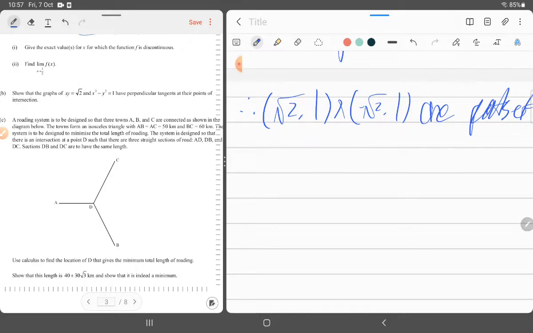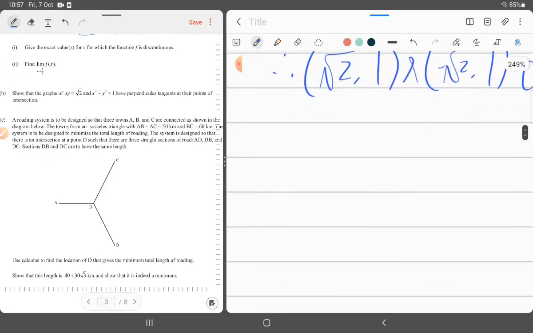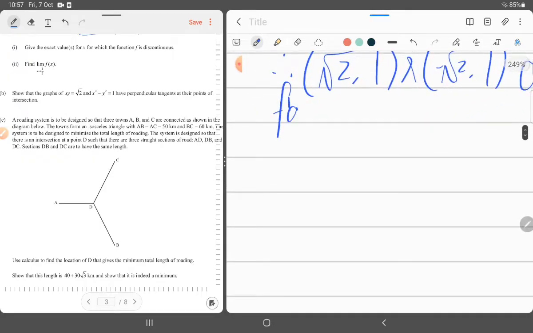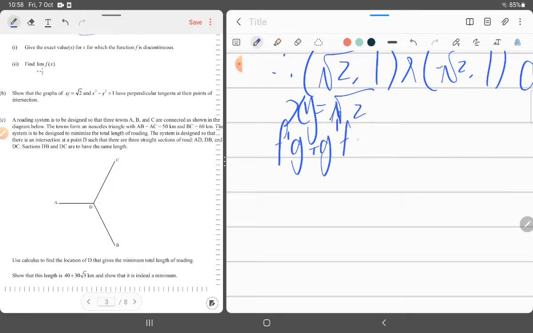Then we can implicitly differentiate. So when we differentiate xy equals square root of 2, break it up into f dash g plus g dash f. Then every time we differentiate the y part, we add a dy over dx. So f dash g, that's just y.